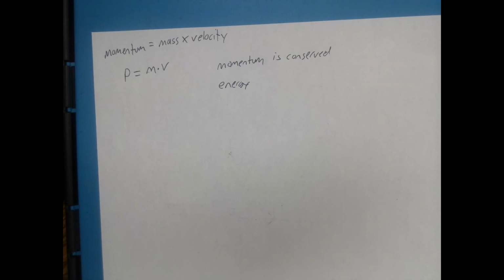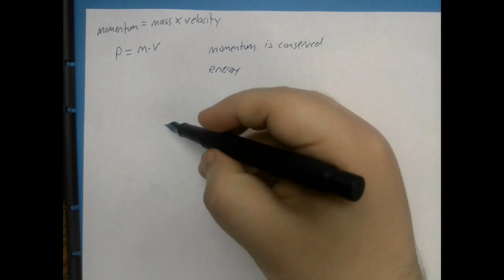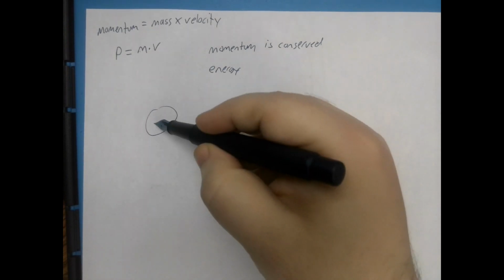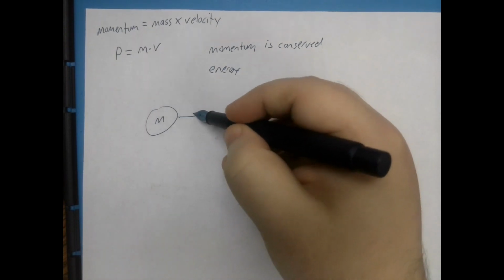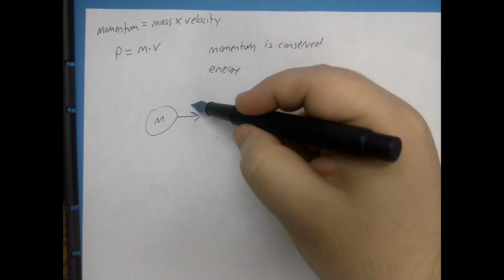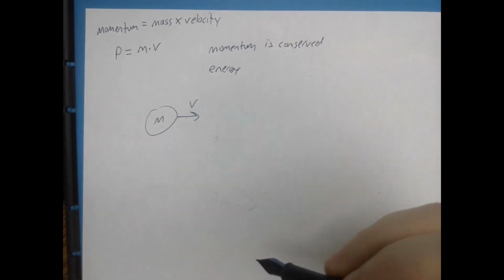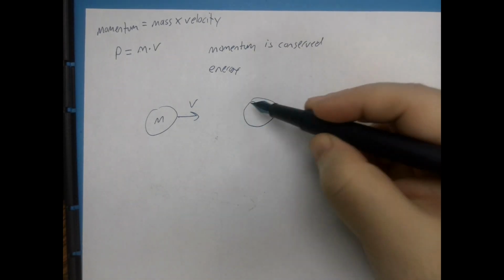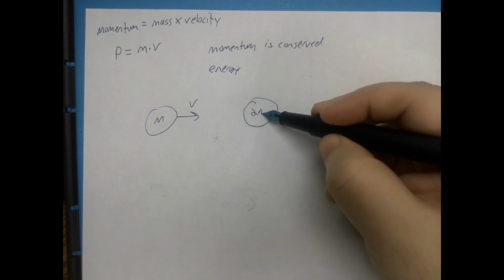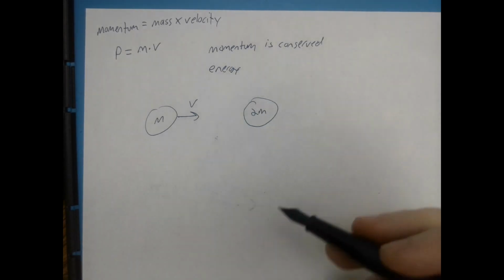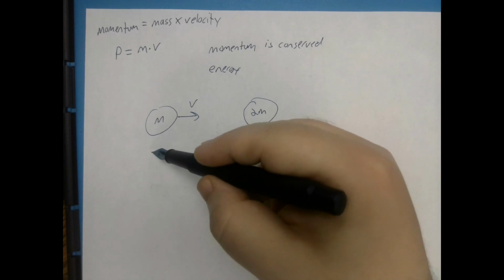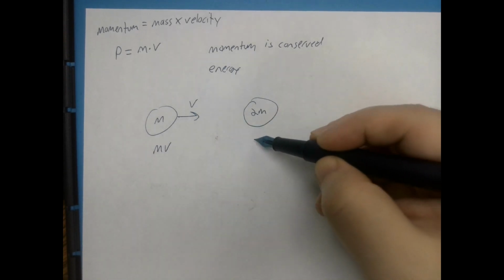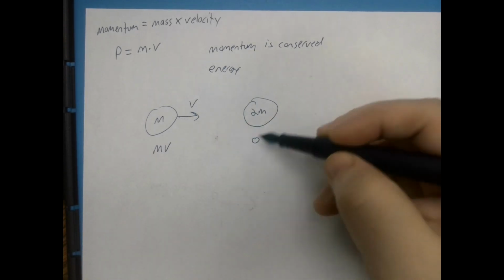So, for example, if you have a ball of mass m and it has a velocity of v, and it were to strike an object of mass 2m and stick together, the total momentum here is mv. This has a momentum of 0 because it's not moving.